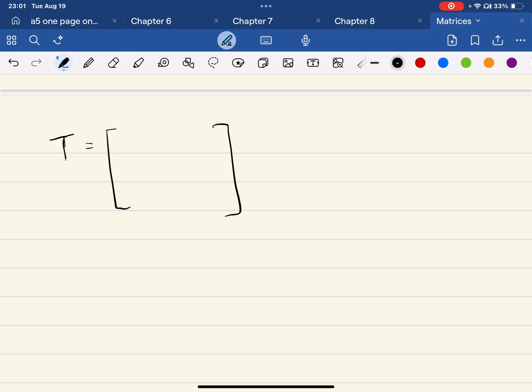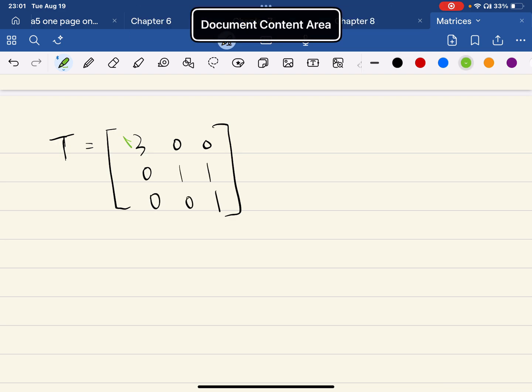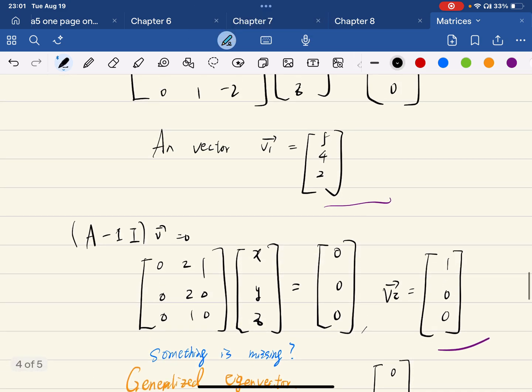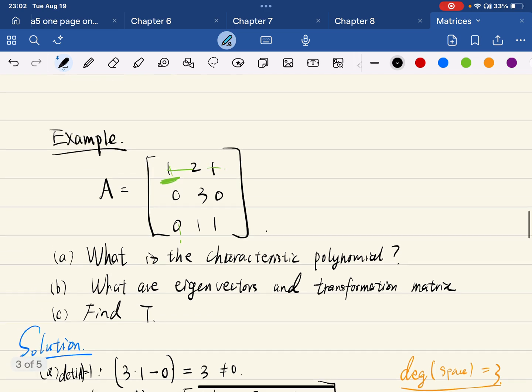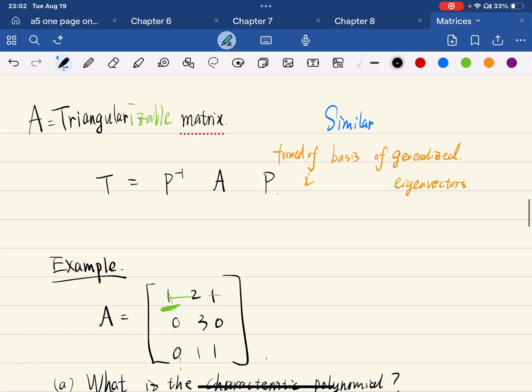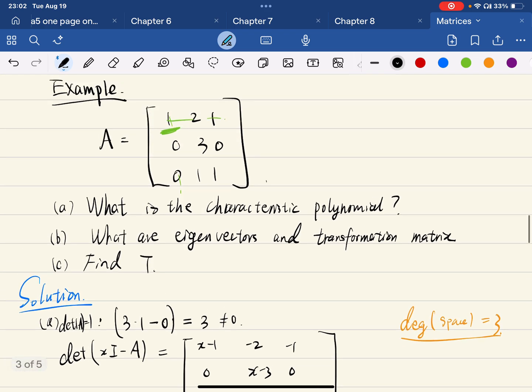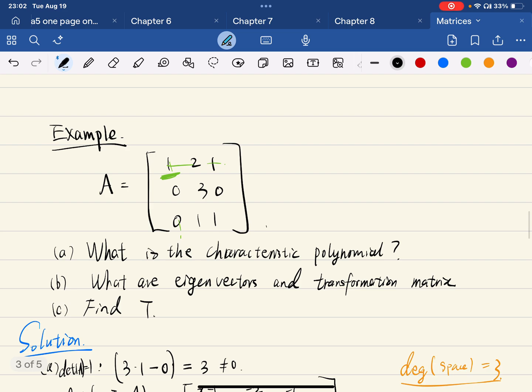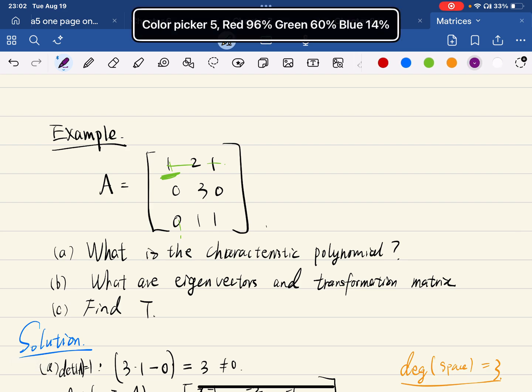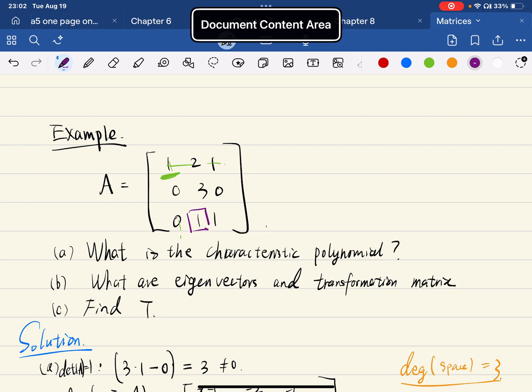Well, what we can notice is that the result is triangular. However, it is not clear to see that A is triangularizable.